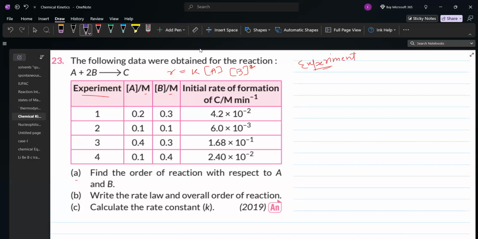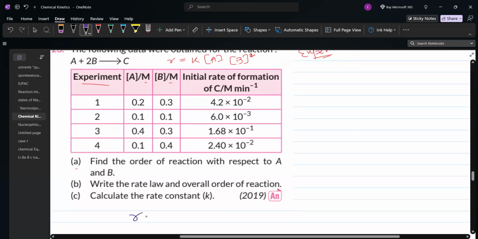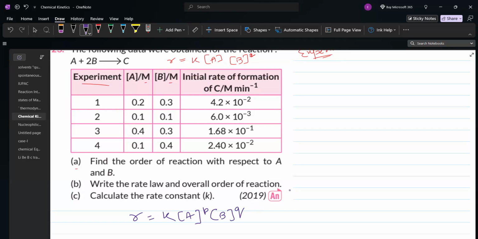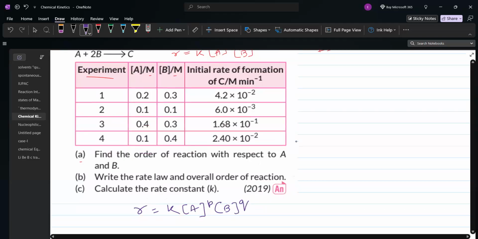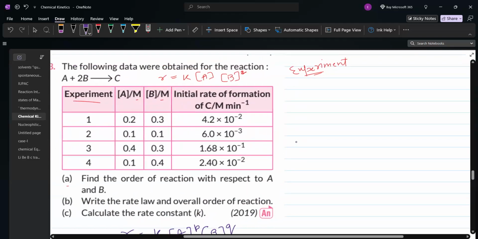We already know that the rate of reaction is K times [A] to the power P, [B] to the power Q, right? So we will have to find P and Q. Then we will comment on P plus Q. That is the order of reaction, and that will be our answer. Okay, so let's try solving this question.